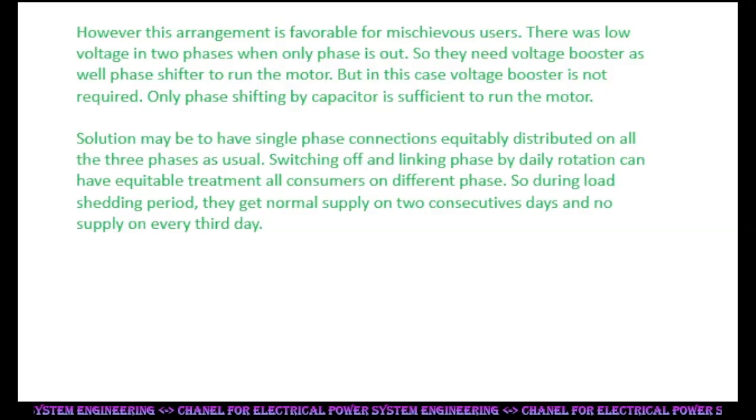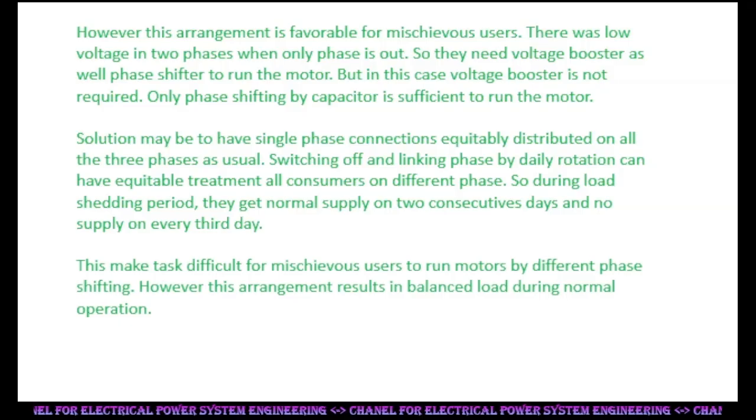Switching off and linking phases by daily rotation can give equitable treatment to all consumers on different phases. So during the load shedding period, they get normal supply on two consecutive days and no supply on every third day. This makes the task difficult for mischievous users to run motors by different phase shifting.